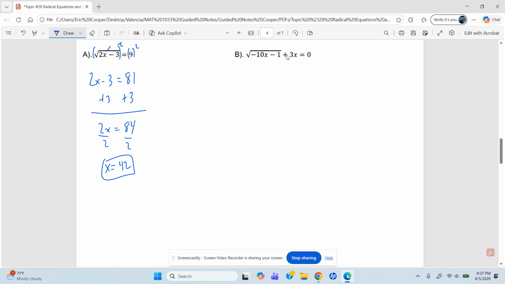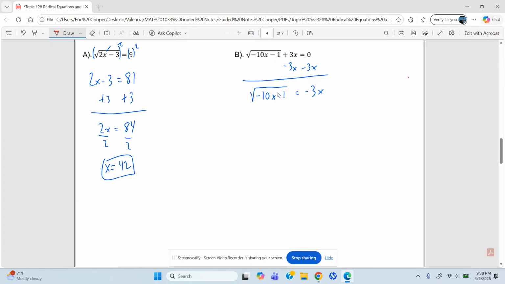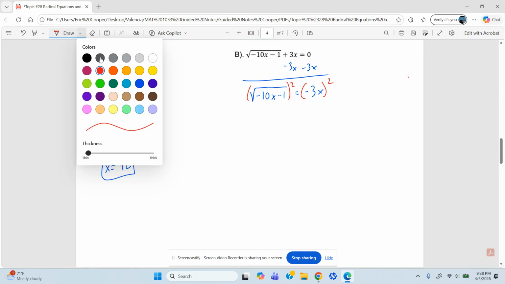Here on B, the radical is not by itself. We want to get the radical by itself, so I need to take this 3x and move it to the other side. So I will subtract the 3x over here. As I do that, now I'm left with the square root by itself, and it is equal to negative 3x. I'm going to get rid of the square root by squaring it, but whatever I do to one side, I'm going to do to the other.